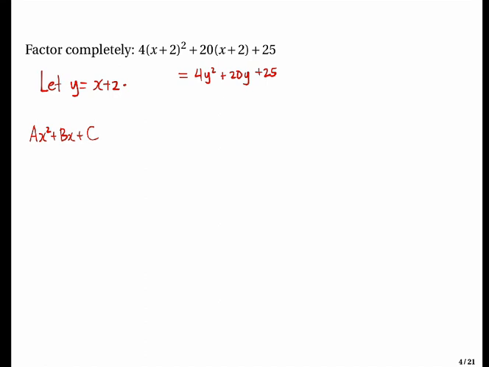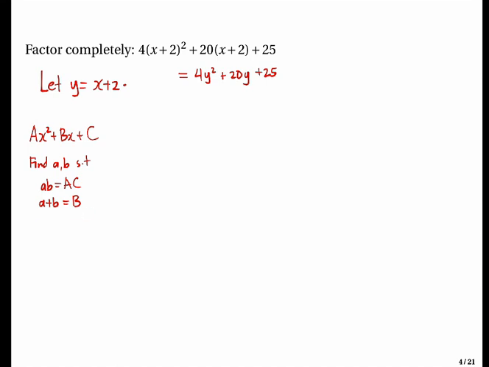In order to factor this, we want to find small a and small b, such that the product ab is equal to the product capital A, capital C, and that if you add a plus b, you will get capital B. So we want to find integers a and b such that the product ab is equal to the product AC, and the sum a plus b is equal to capital B.